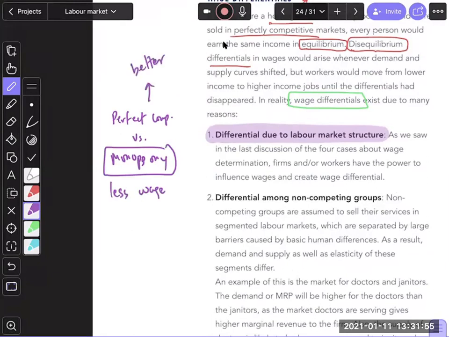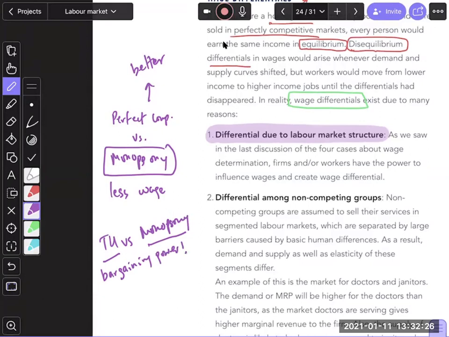But in case number 3, where there was trade union versus monopsony, we saw how the trade union, through its bargaining power, was able to get a better wage. You know what I mean? Exactly. So the idea is that wages could be different depending on what labor market structure you are in.